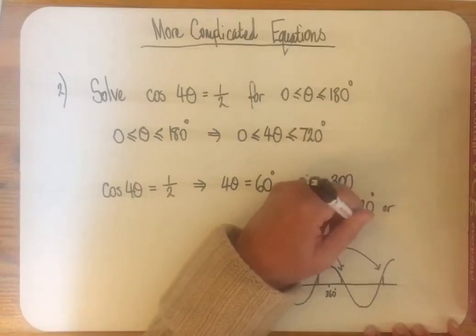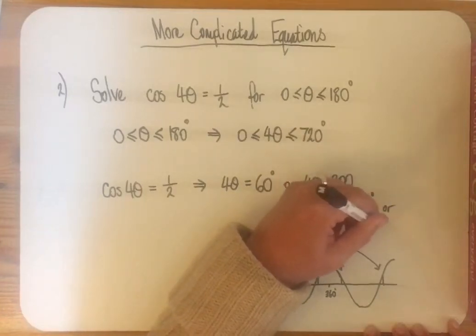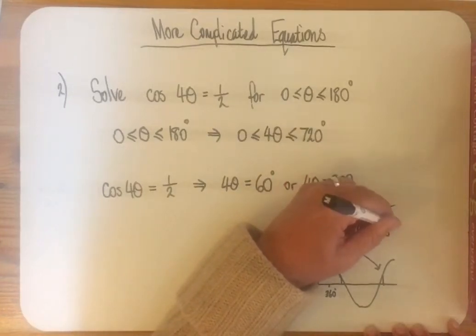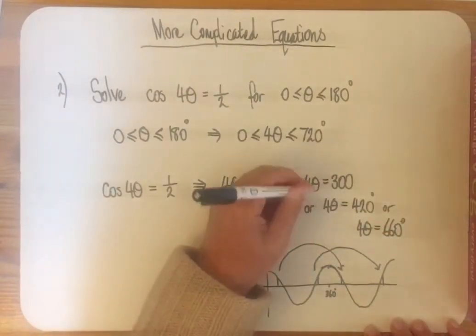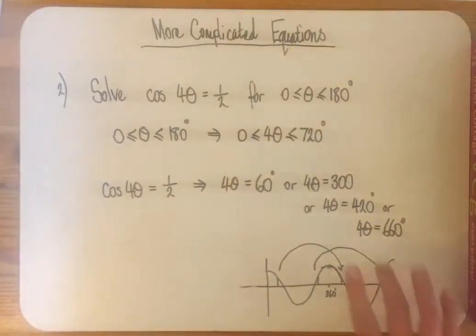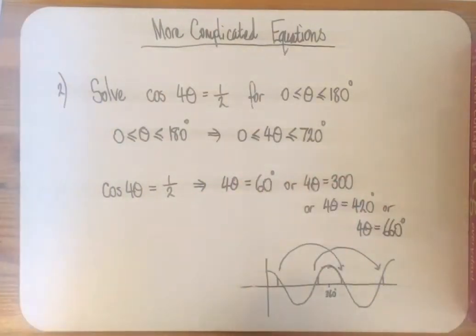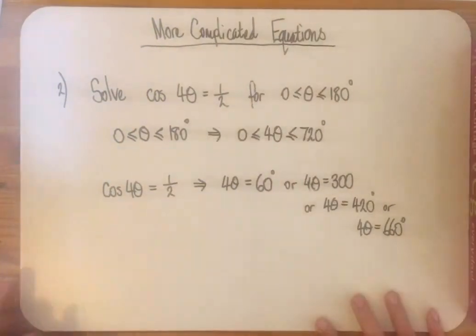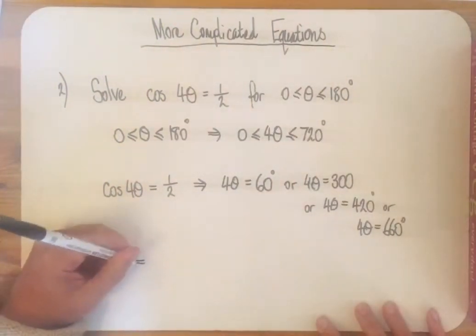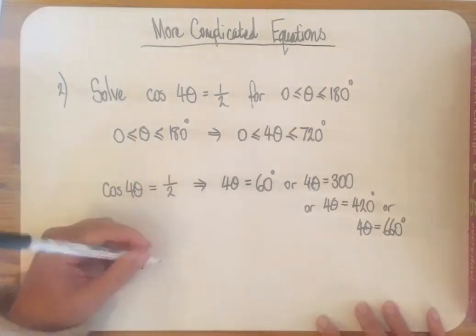or 4 theta is equal to 660 degrees. And then once you've found all the values within that range, so you're expecting 4 solutions between 0 and 720, then you divide through by 4.